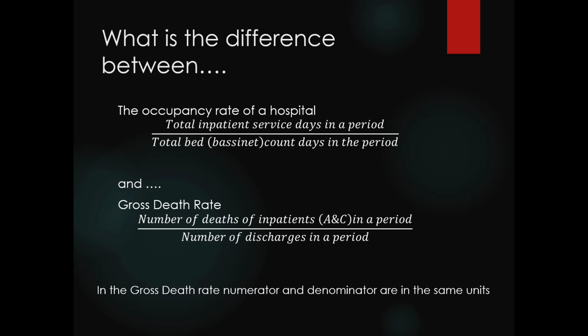Okay. So in the gross death rate, the numerator and denominator are in the same units. So we have number of deaths of inpatients and discharges. So who can get discharged is also an inpatient, right? So this is number of inpatients who died, divided by number of inpatients who were discharged.